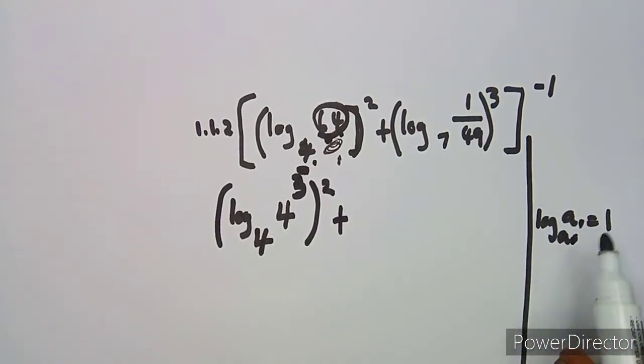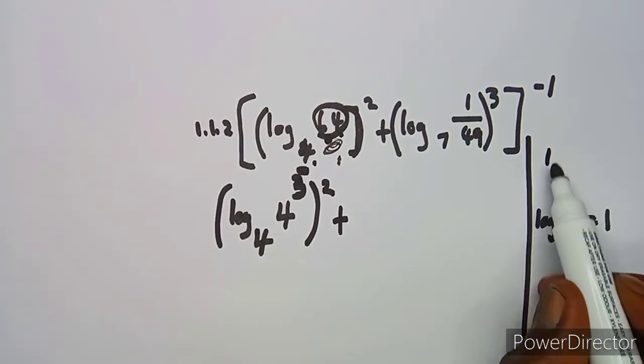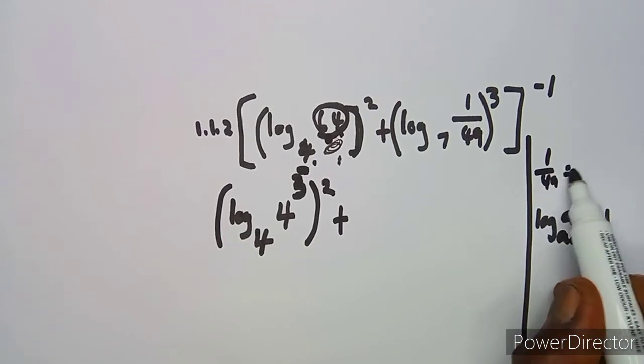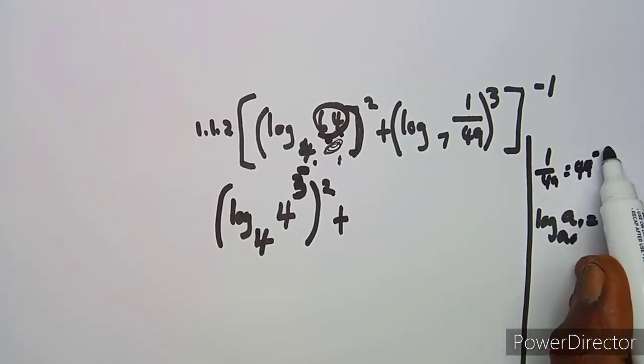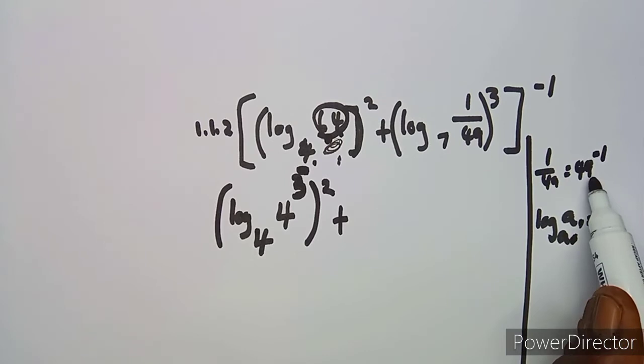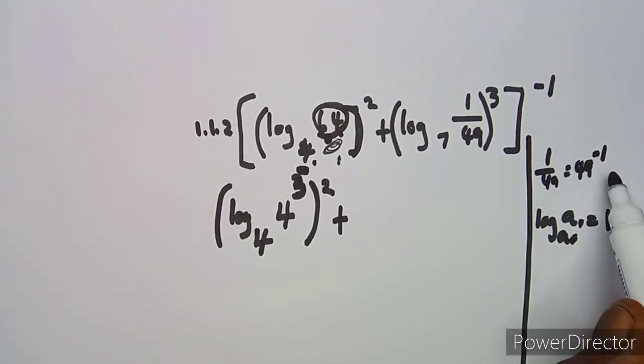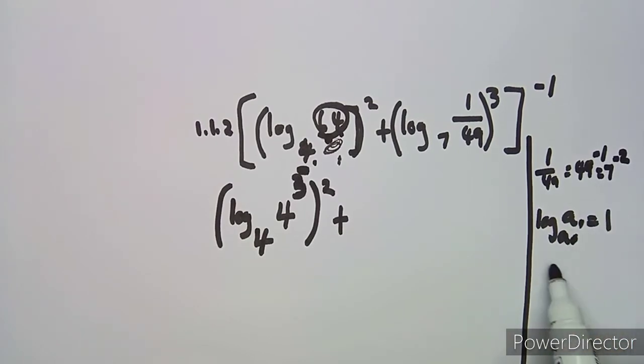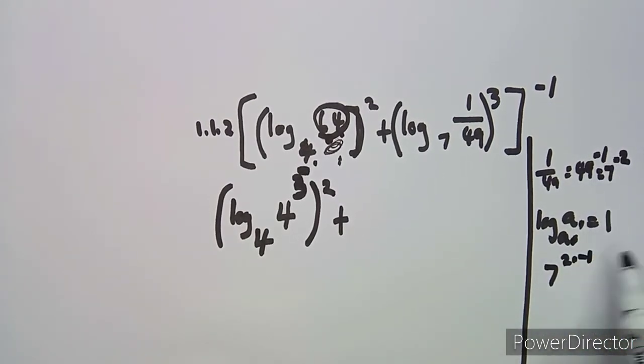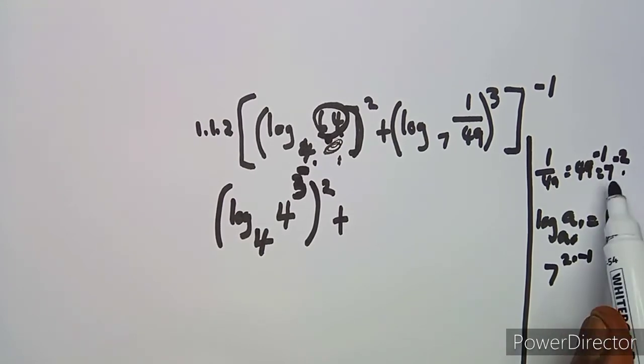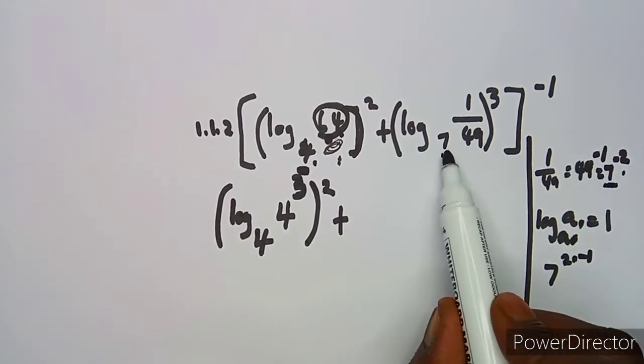1 over 49. We can apply our laws of exponents here. It's 49 to the exponent of -1, which in base 7 is going to be 7 to the exponent of -2, because 49 is 7 to the exponent of 2 times -1, so that will be -2, because we want this in terms of 7.